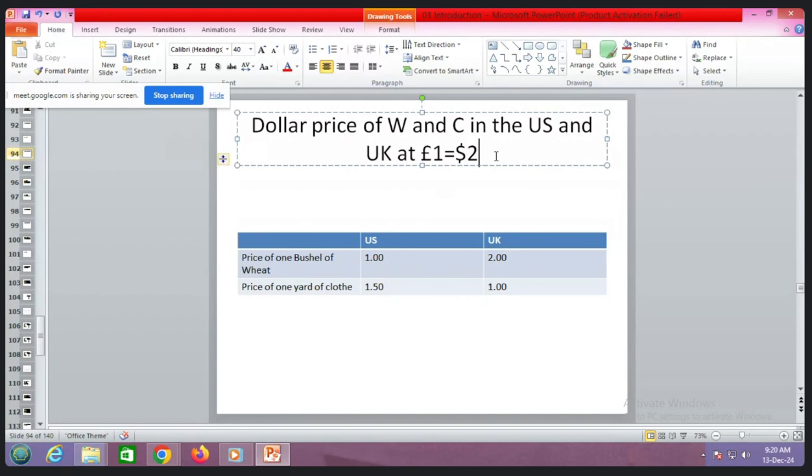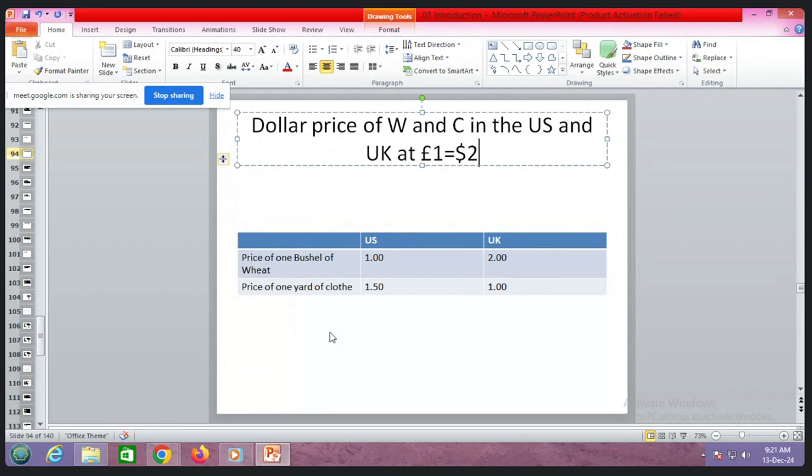Remember, in yesterday's class, I had discussed that in quantity terms, US is willing to exchange 6 wheat for anything more than 4C, and UK is willing to exchange 6W for anything less than 12C. That's what we discussed yesterday. So we found a range in which the trade can take place.